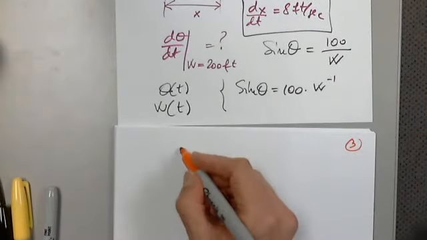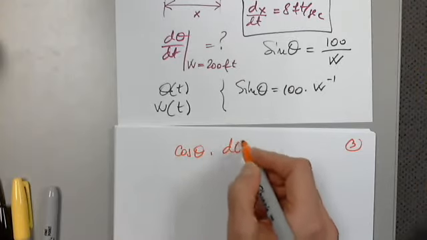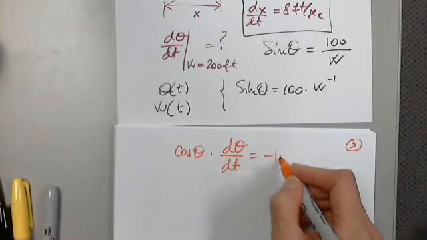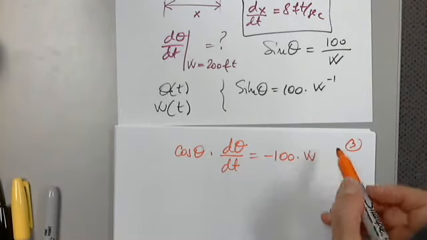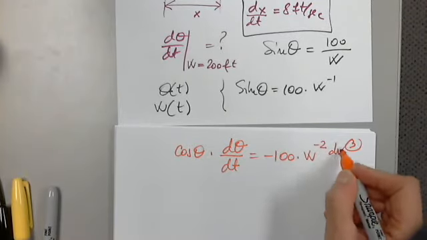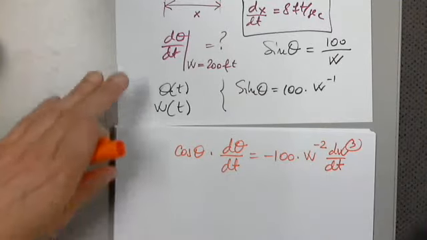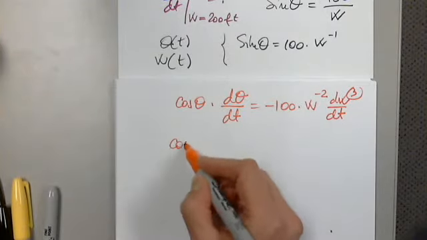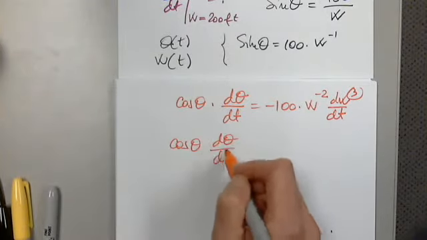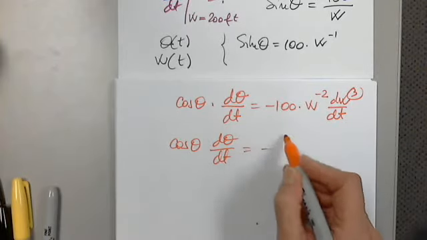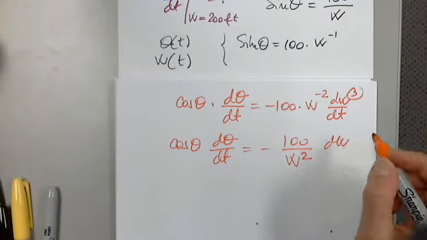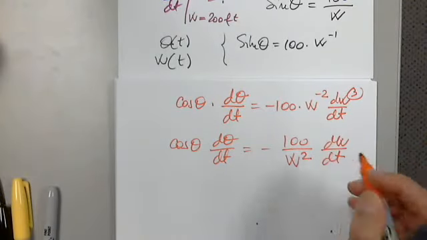When I differentiate the left-hand side, I have cosine theta times dθ over dt. The right-hand side is -100 times w to the -2 times dw over dt. Or cosine theta dθ over dt equals -100 over w squared dw over dt.